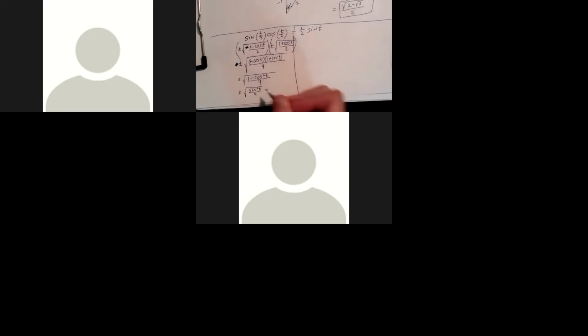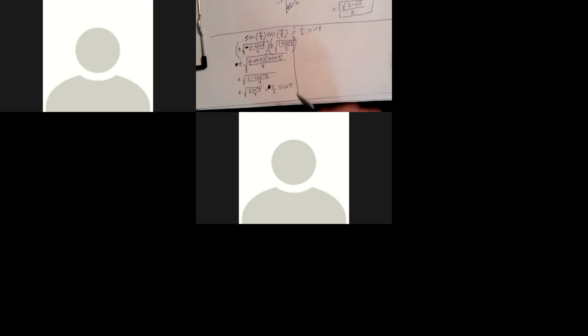So now when you take the square root of sine squared t over 4, you're going to get sine t over 2. So you get 1/2 sine t. Now, technically, you would have the plus or minus notation out here, but ladies and gentlemen, you can do away with the plus or minus notation because depending upon what quadrant angle t is in is going to dictate what sign would go in front of here anyways.